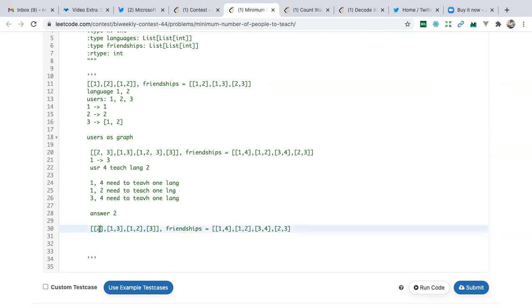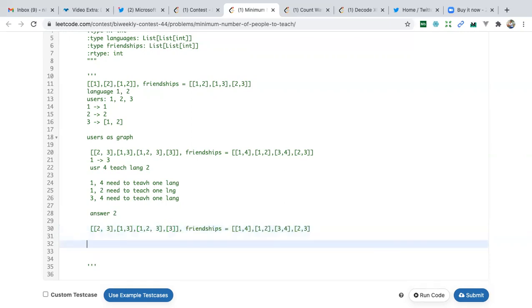So if we use 3, it will be 2, 3, and it will be 1, 2, 3, and it is 3. So we need to teach two people. So language 3 should be taught to 2 people, and now everyone can speak to each other, right?